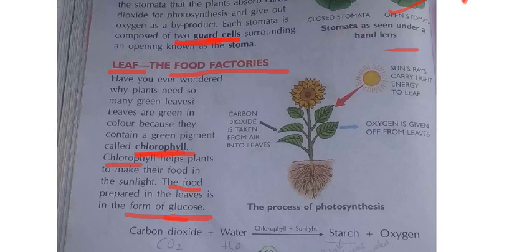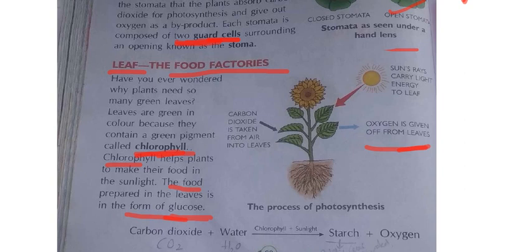Small openings will be there under each leaf, I told. So through that stomata, this carbon dioxide goes inside the leaves, and later it sends the oxygen outside. Leaves are taking the carbon dioxide and giving out the oxygen. Understood? Here 3 points are there. First, when sunlight comes and falls, all the leaves will take it.